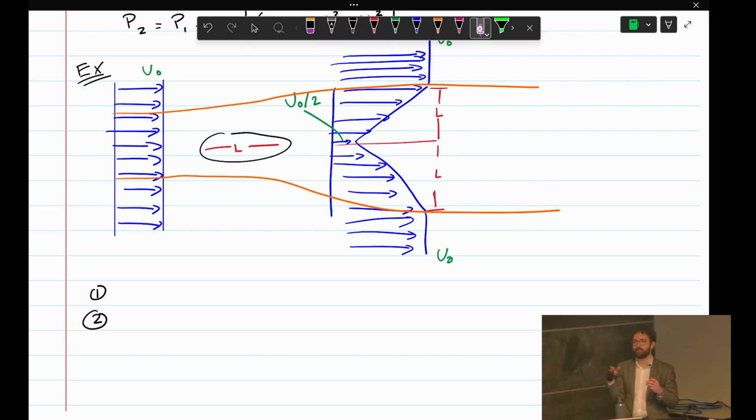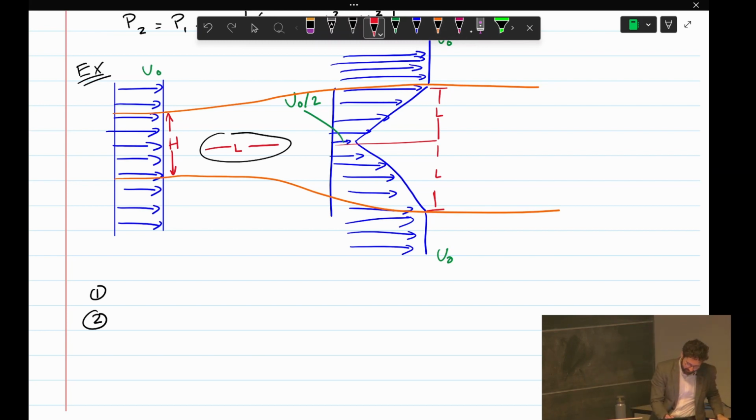After that point, there's no more momentum transfer or anything. The streamlines end up at the same speed, so they're not slowed down at all. The problem is that we don't actually know this h here, so we don't know how far ahead of this object that height is.